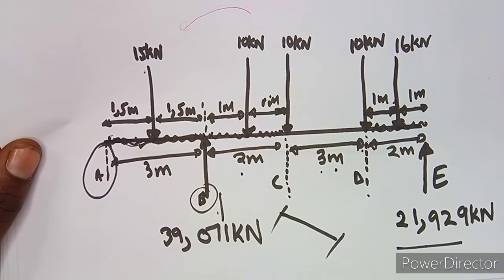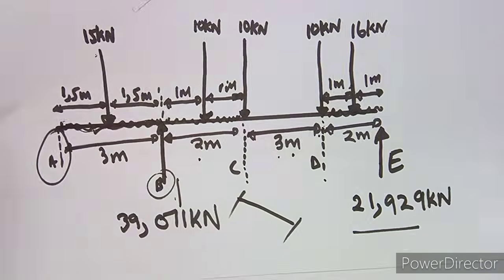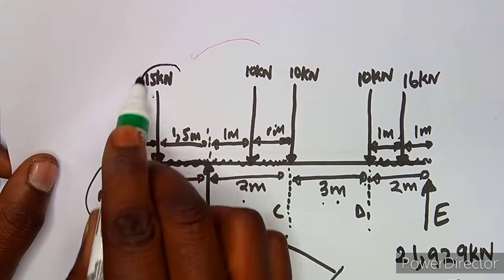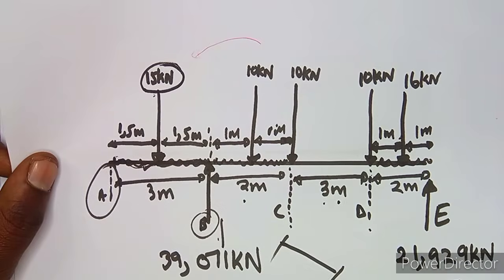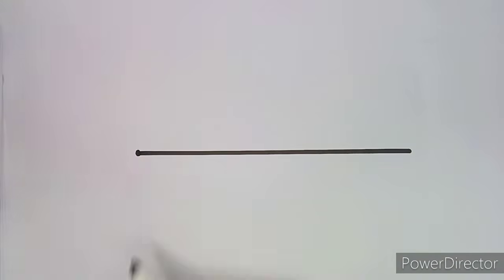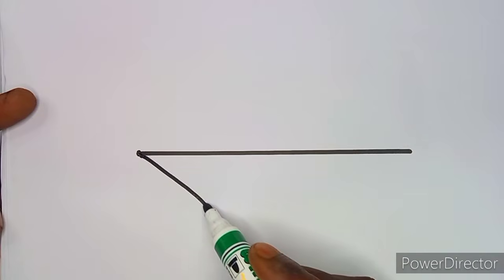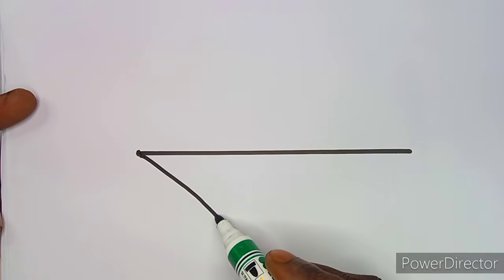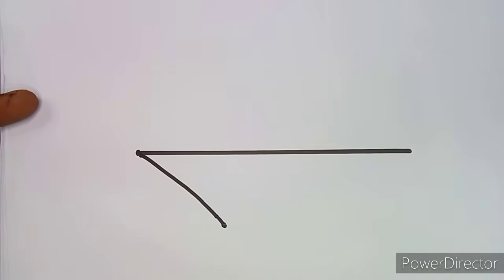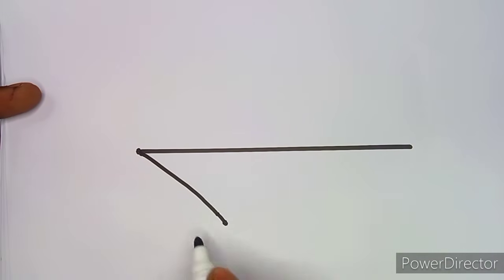Remember, distributed always goes downwards. So this one is going to go downwards for 15 kilonewtons, up to -15. Let's say this is our -15 here.